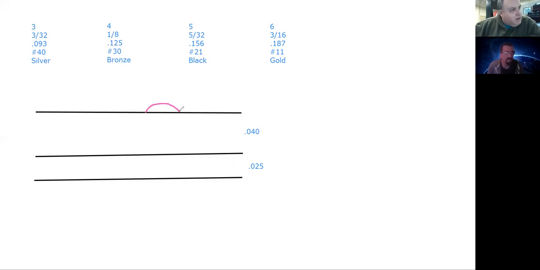So our rivet is going to go like this. Eventually, when we're all said and done, before we drive it, our rivet's going to look like that. So we're going to use an MS-20 470, and we'll say it's an AD rivet.